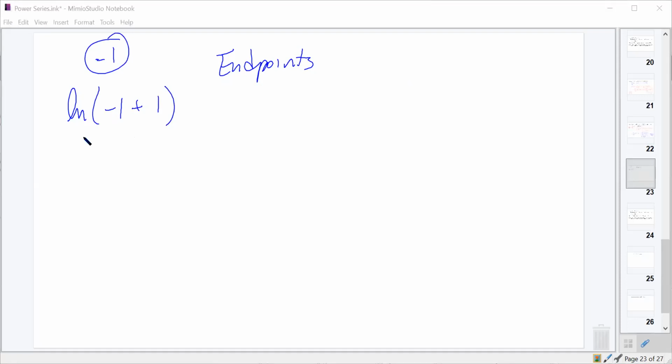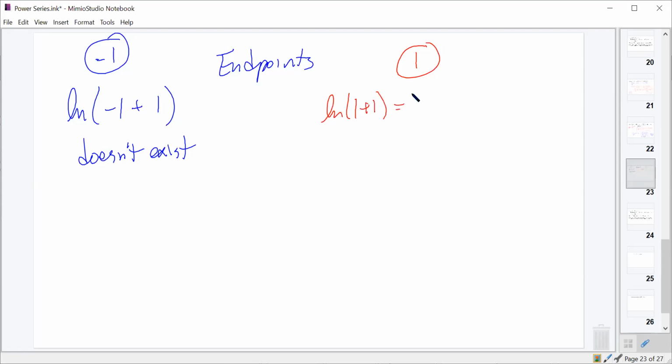No. So this doesn't exist. Therefore, when we think about the endpoint of -1, we don't need to even worry about it. There's no point on our function at -1. So let's then think about the function at the endpoint of 1. Well, the natural log of 1 plus 1, that's the natural log of 2, right?